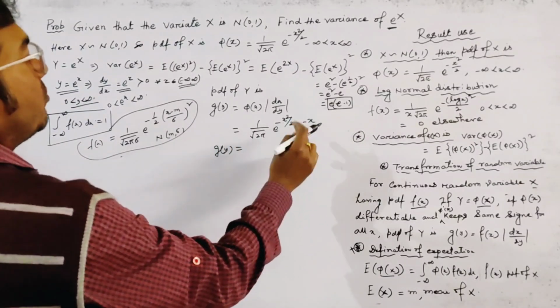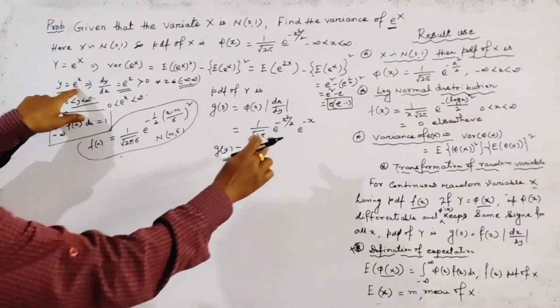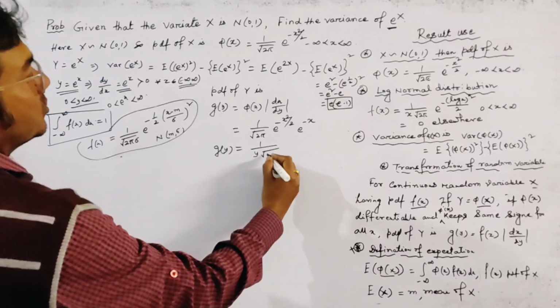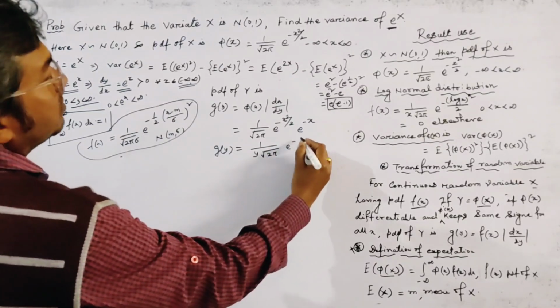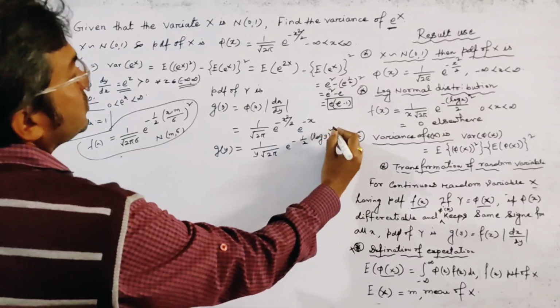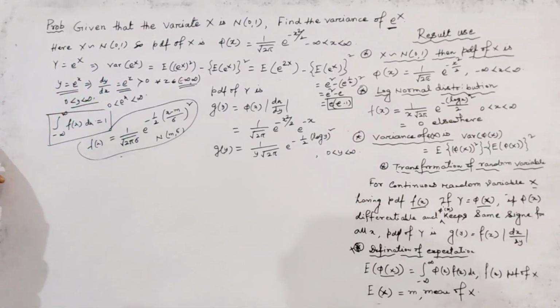Now we put e to the power x equals y, so e to the power minus x equals 1 by y, and we get 1 by y into root 2 pi e to the power minus half into log y whole square, for 0 less than y less than infinity.